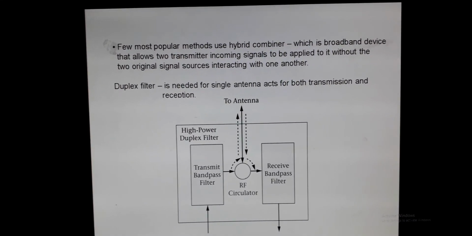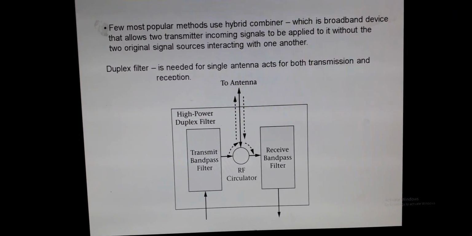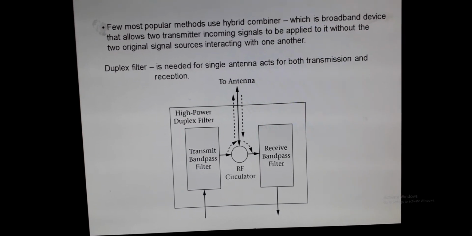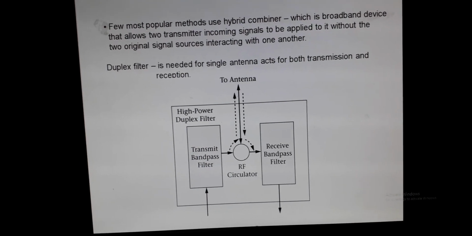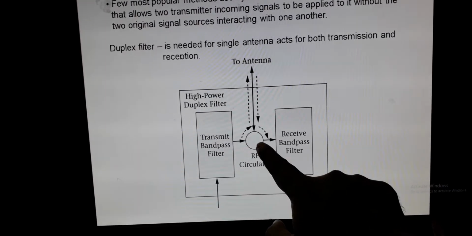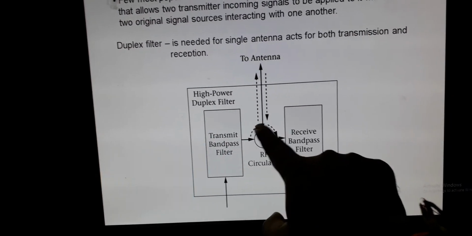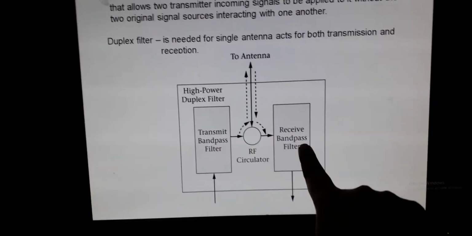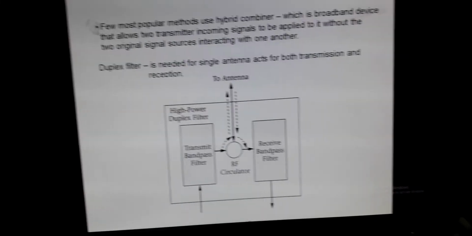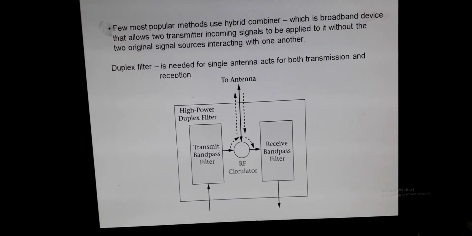Then there are combiner technologies used to combine transmitter and receiver band pass filter signals with a circulator. The circulator, I think from fiber optics, takes an input and circulates it to the other port like this. This technology is used in D2H, which has a duplexer.